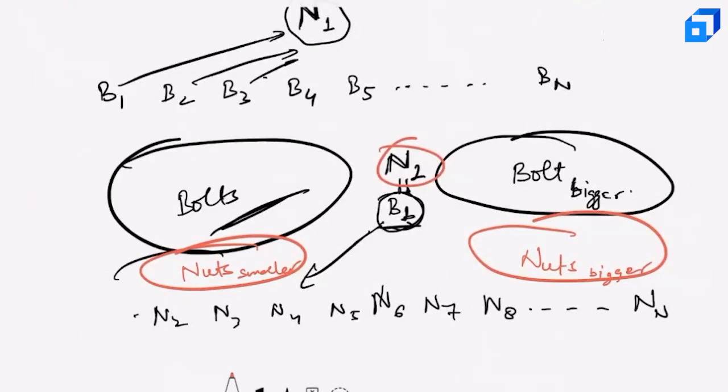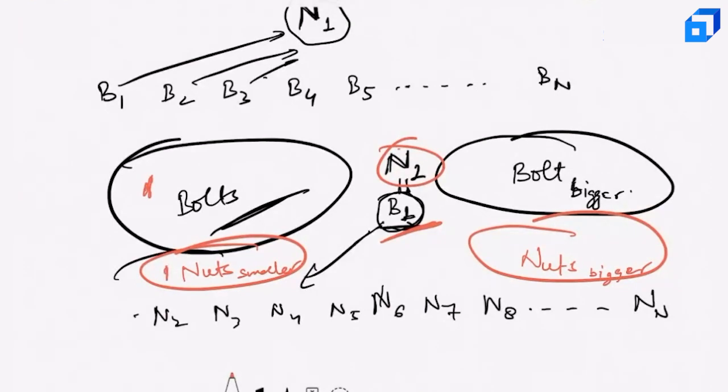So what we have done is we first started with one nut, and then we used that to break all of the bolts into three parts: one bolt which is equal, a lot of bolts that are smaller, a lot of bolts that are bigger. Then once we found the equal bolt, we used that bolt to split the remaining nuts into two parts, smaller nuts and bigger nuts. Now all of the smaller bolts will have their corresponding nut somewhere here.